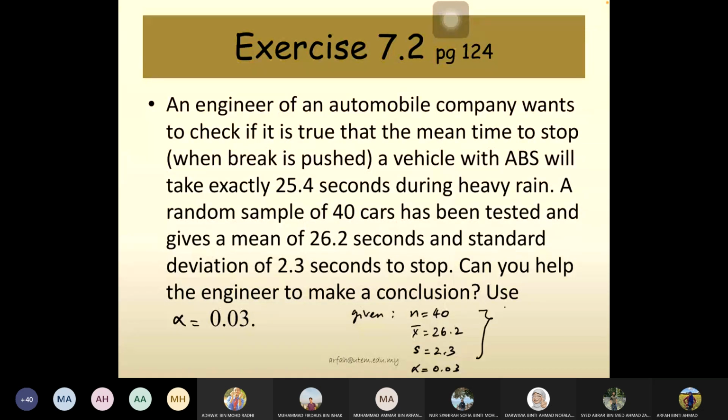So, n greater than 30, sigma unknown. So, we know that this is case 3. So, dia akan follow Z distribution table. So, awak dapat Z test sama dengan X bar minus mu divided by S over surd of n. Okay. So itu adalah dia punya information given. So yang kita nak claim, nak letak dekat H0 yang mana?